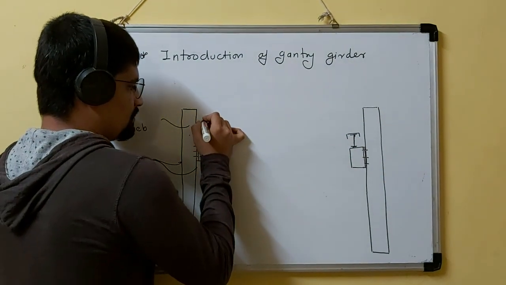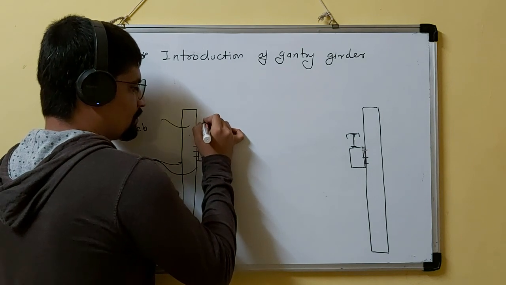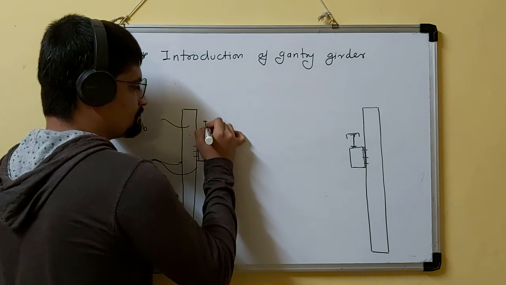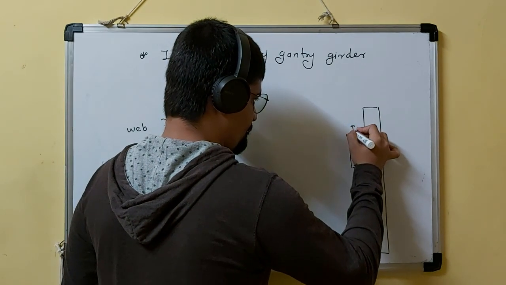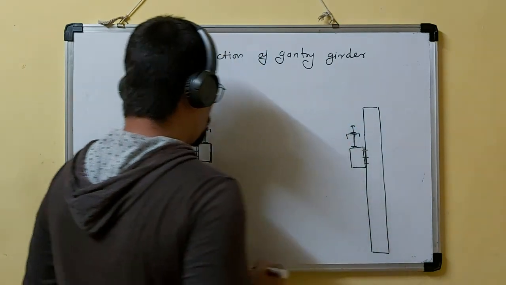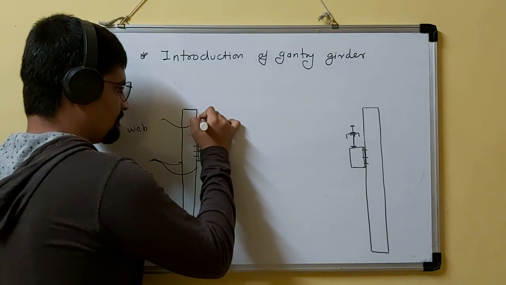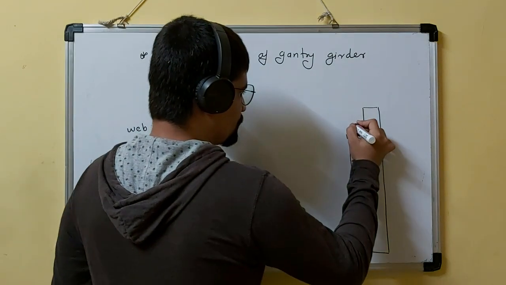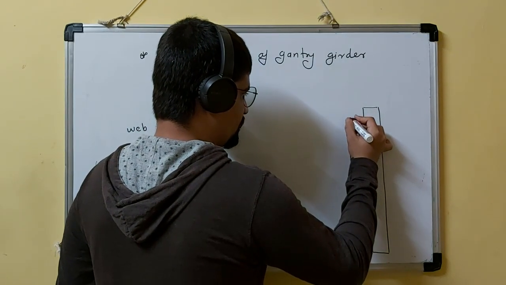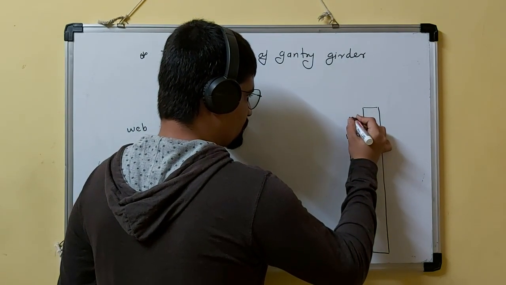On this, rail sections are placed. What? Rail section. And on this rail section, wheels, crane wheels. They are also known as crane wheels.